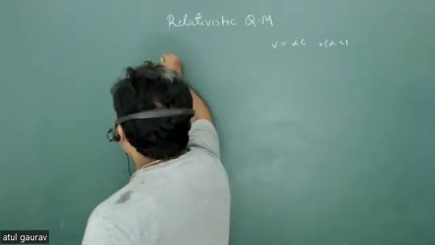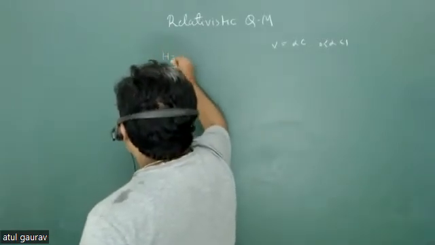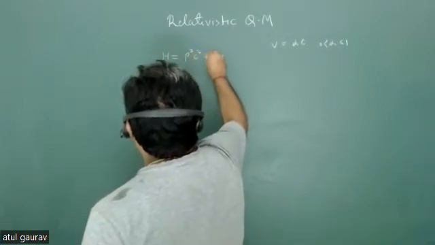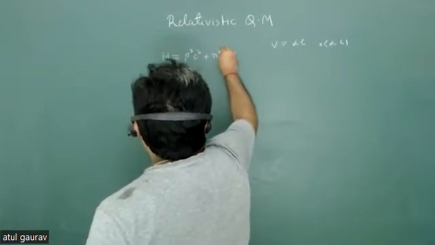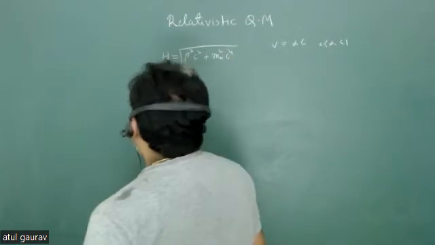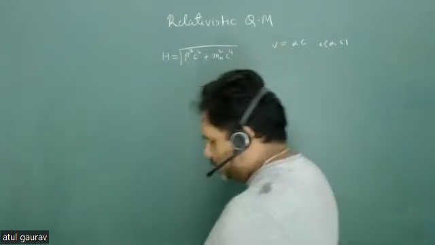So what is your classical Hamiltonian? The classical Hamiltonian for a free particle is what? Root under p square c square plus m naught square c4. Okay, this is your classical Hamiltonian.